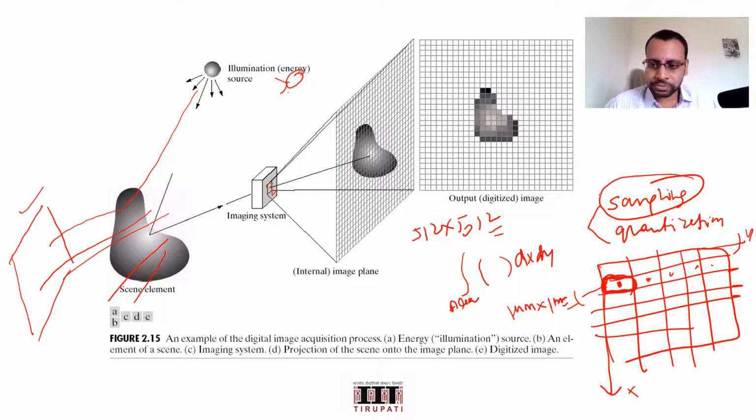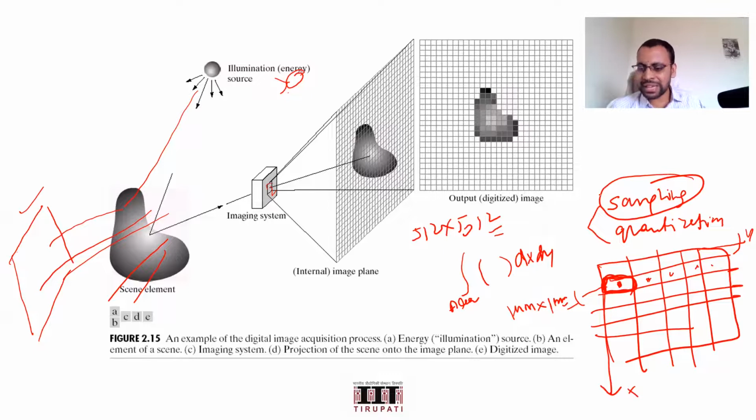Now you try to answer what quantization could be. Hope sampling is clear now. Any thoughts about what quantization could be? Discretizing the intensity of the reflection. Discretizing the intensity or pixel value. Right. Can you give an example?